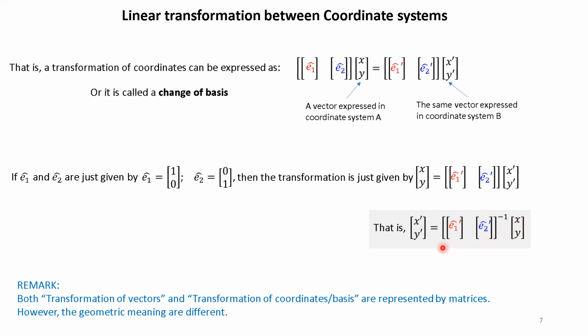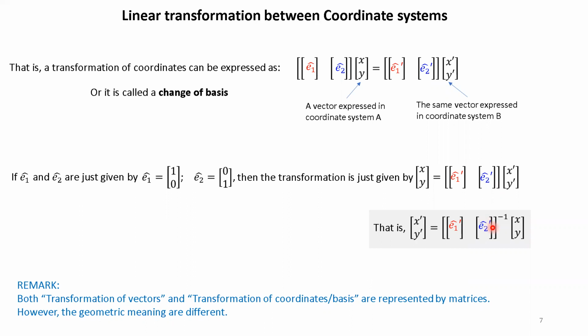So now you can see that transformations of the coordinates can again be represented by a matrix. In part 2 of this chapter, we also saw that transformation of the vector itself is also represented by a matrix. But in that case, we are actually changing the vector.